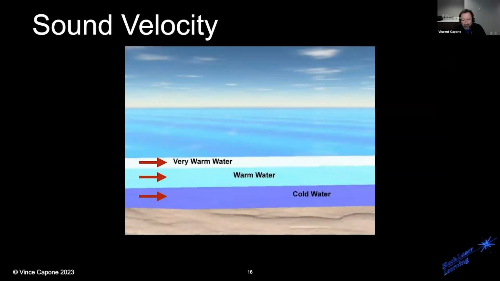The question was, why do we care? And the reason we care is the speed at which sound travels through water is different for different temperatures and different salinities. So in very warm water, that sound is traveling fast. In slightly cooler water, it's traveling a little slower, and in cold water, even slower yet.